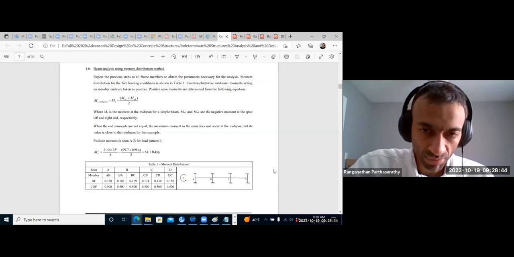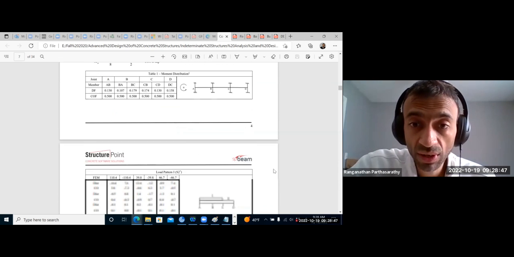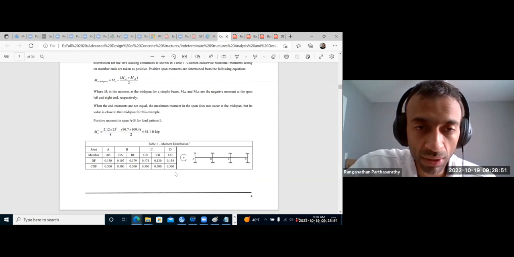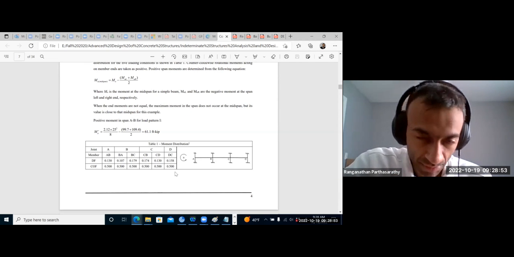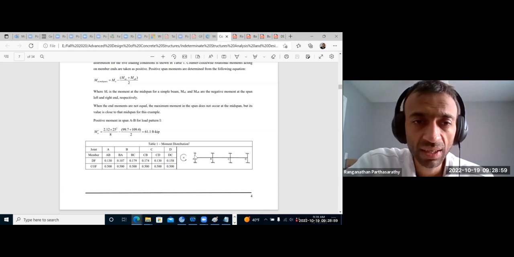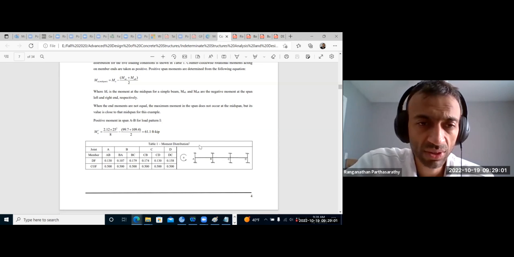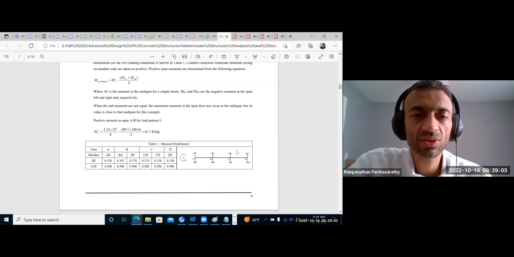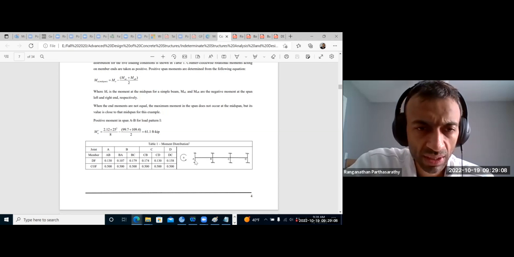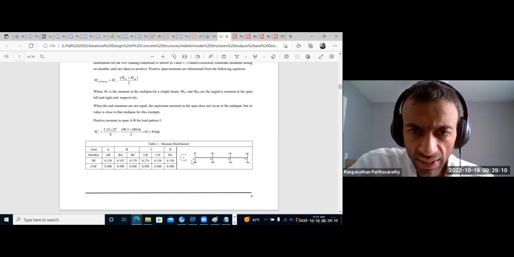So you can see now how they will do it. First they applied the full load combination 1.2D plus 1.6L over all of the spans. This part they are just doing the coefficients. You can see here joint A, there is only AB.